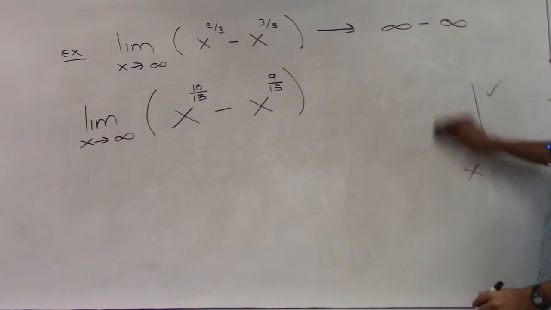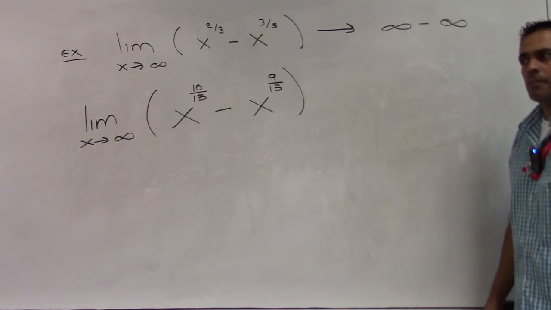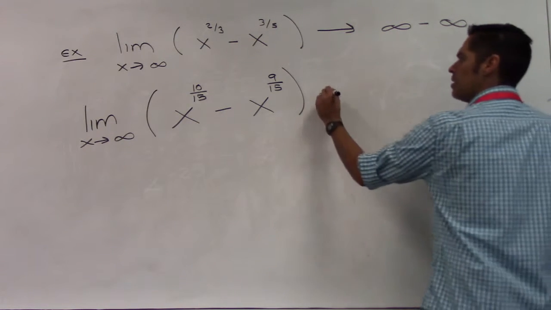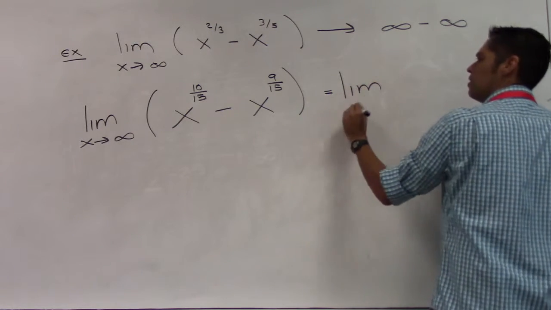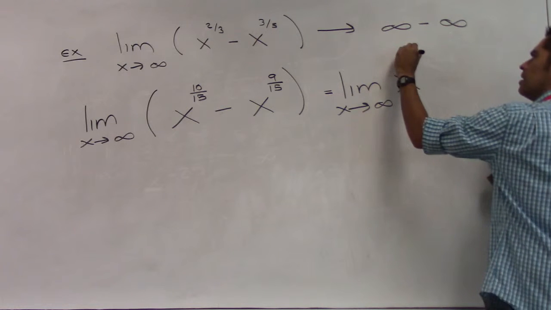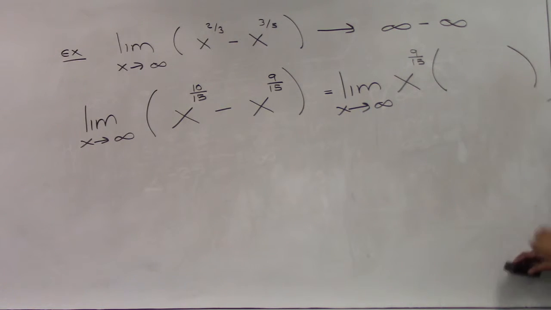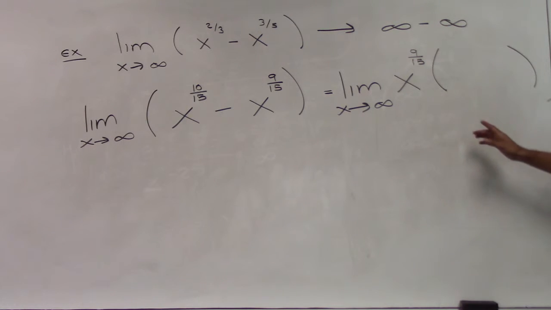Now, what do they have in common? 9/15. So let's see if you can follow this. Watch me do it first, and maybe that'll help. x to the 9/15 is what's coming out. What would be left?